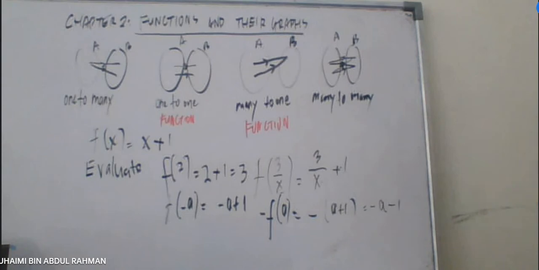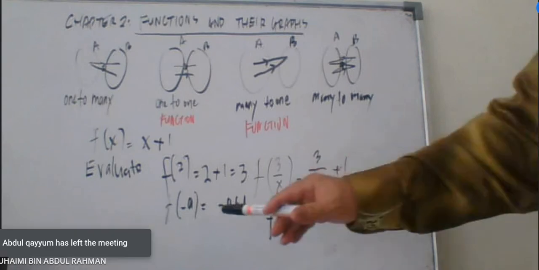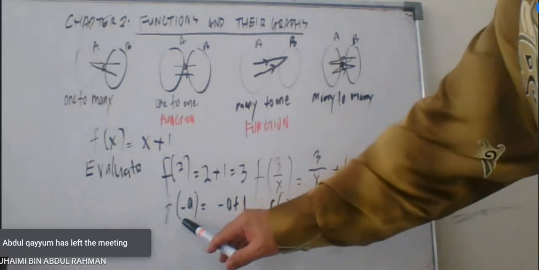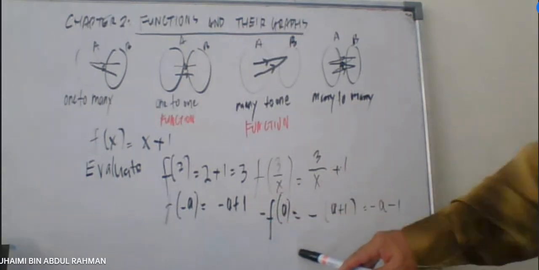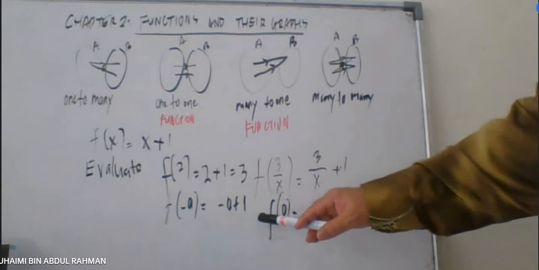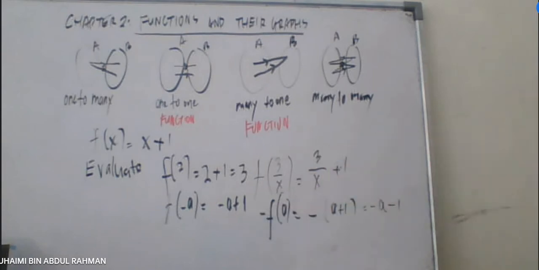So you can see that the value of f(-a) and the value of -f(a) are different, because in this case we put the minus first, and then we substitute the value of x with a.